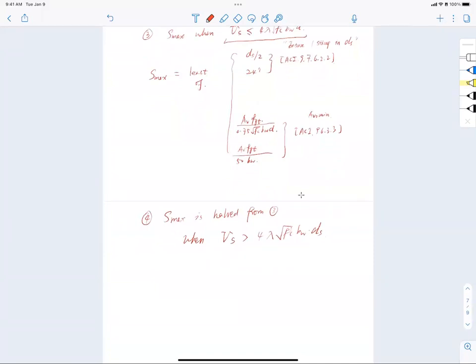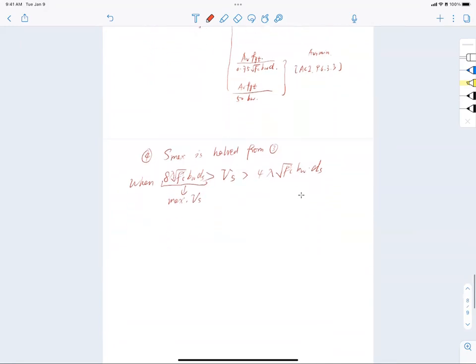Okay, all right, and know that, right? Sorry, I forgot one thing. Know that there's also an upper bound, and this is when Vs is greater than 4 but smaller than 8 lambda square root f'c bw d. Okay, and pretty much 8 is the maximum shear you can ever reach. That is the maximum contribution you can see from the stirrups.